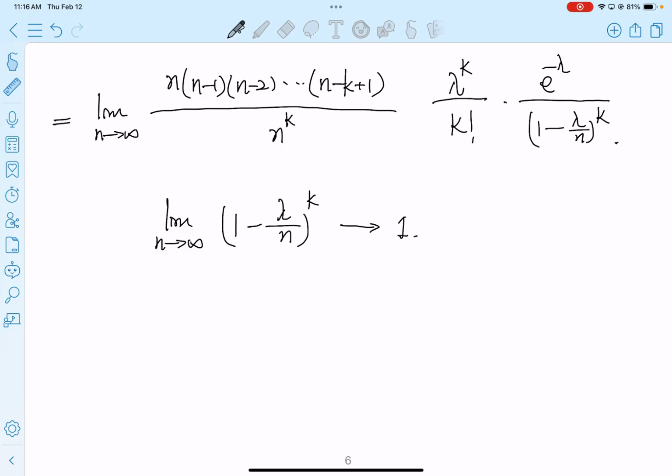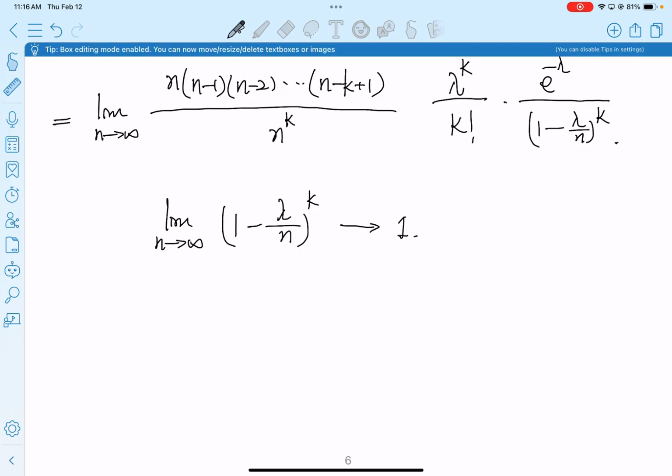Okay. And then another thing is that, let me see how to explain this intuitively. So that denominator will already go to 1.